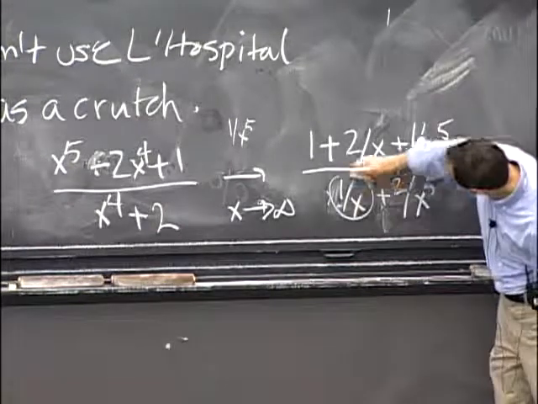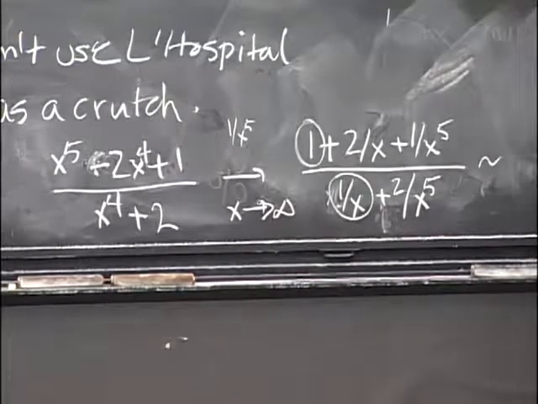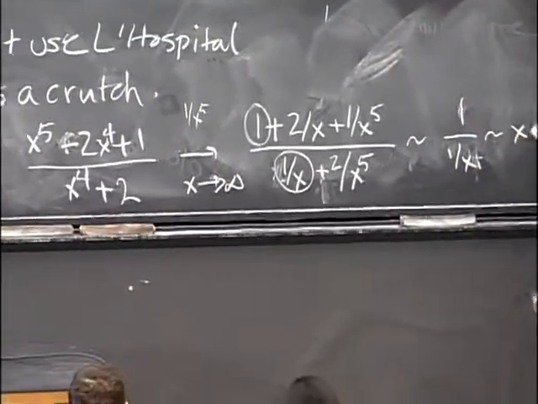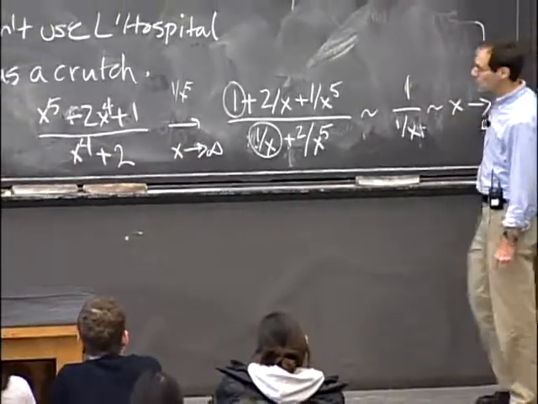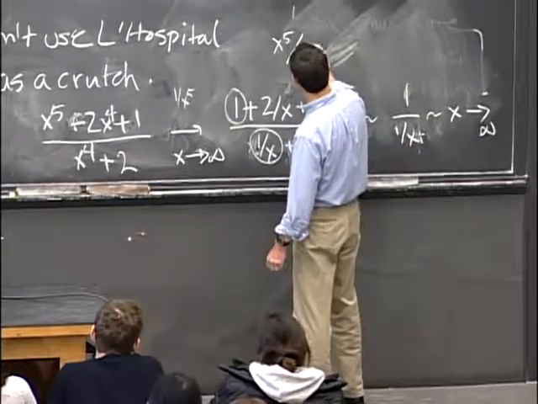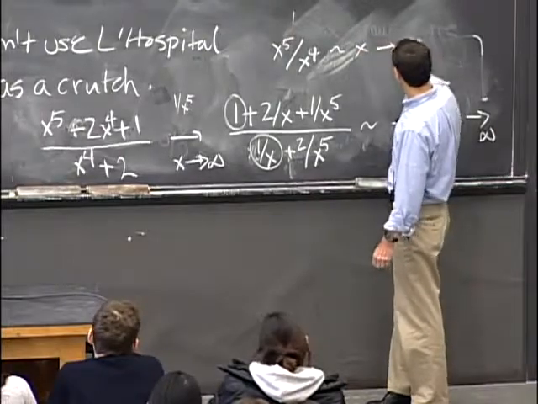So these are the main terms, if you like. And it's the same as 1 over 1 over x, which is the same as x, and it goes to infinity as x goes to infinity. Or if you like, much more simply, just x to the 5th over x to the 4th is the main term, which is x, which goes to infinity.